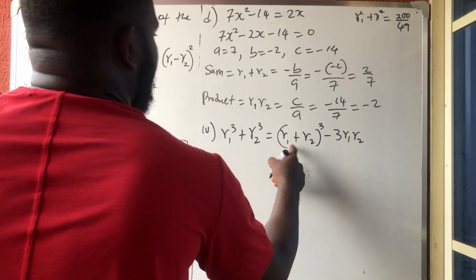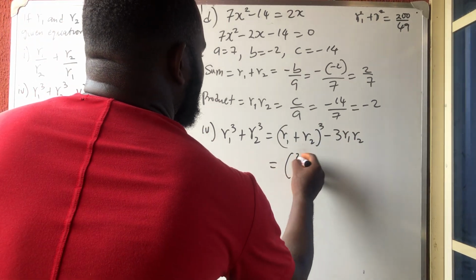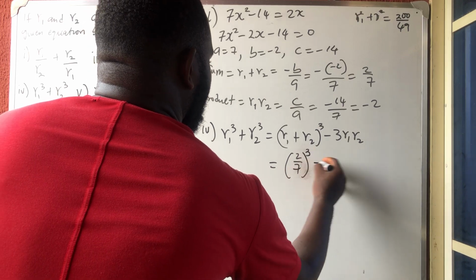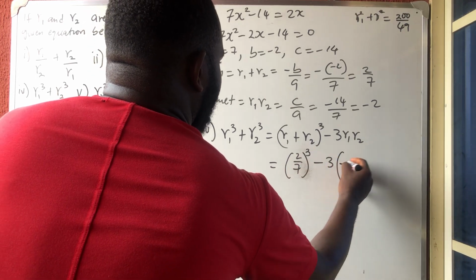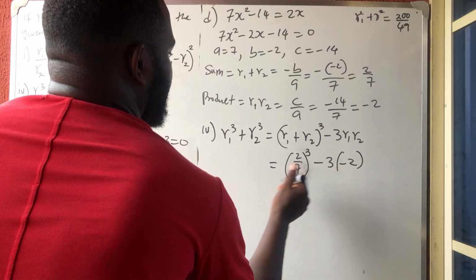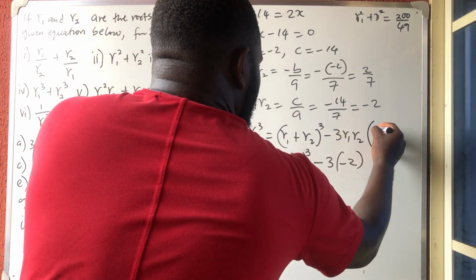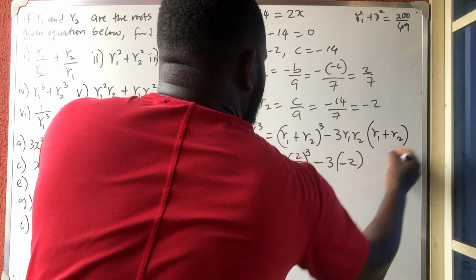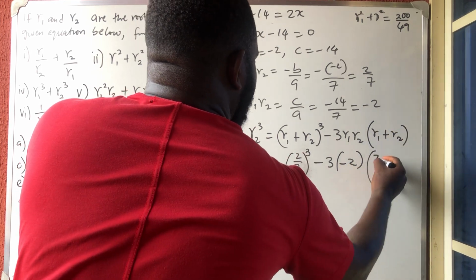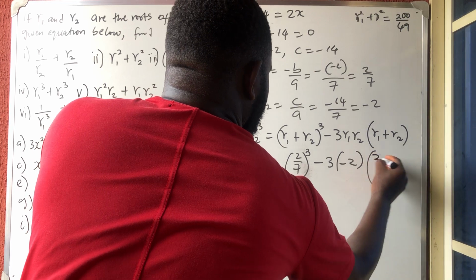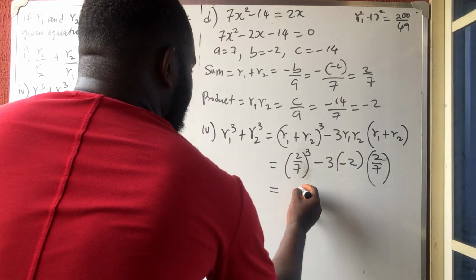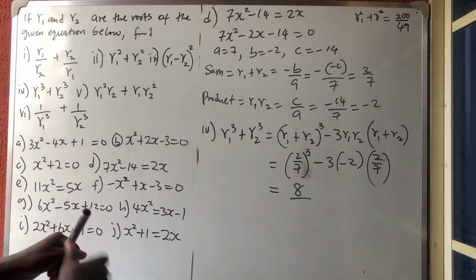So the R1 plus R2 gave me 2 over 7 all cube minus 3 into minus 2. Sorry, you have to put R1 plus R2. Don't forget. So I'm still going to multiply it by 2 over 7 again. So this one is giving me 8 over 7 raised to power 3.